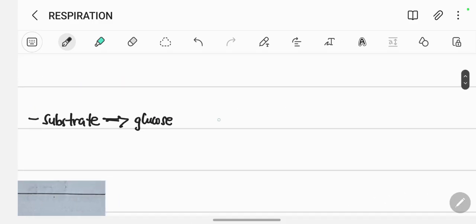And from our chemicals of life, I'm going to be relating these things to chemicals of life. So our substrate is this glucose here.